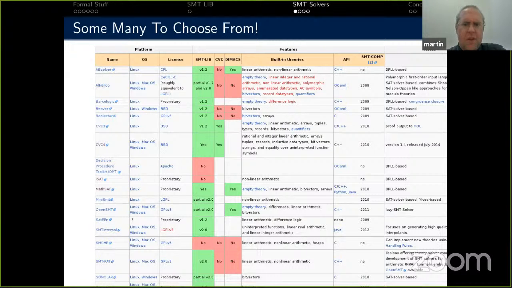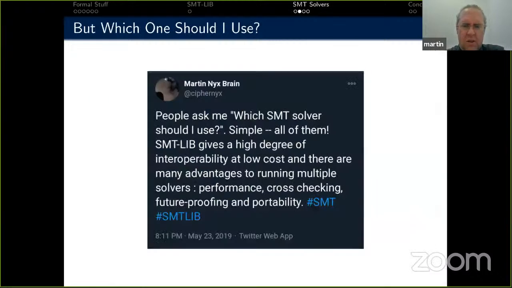So you've got so many of these things. How do you pick? This question has been asked often enough that I now have a stock tweet about it. The answer is: try all of the different solvers you can. The whole point of SMT-LIB is to make these solvers interoperable, so that what works on one should work on the other.